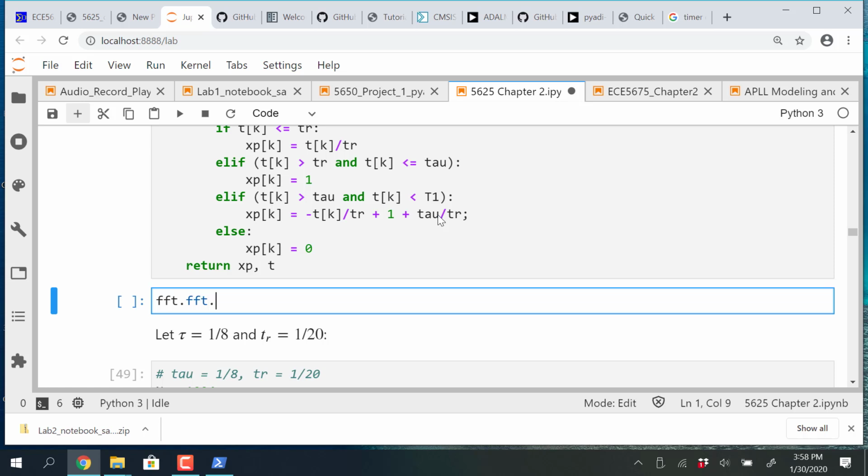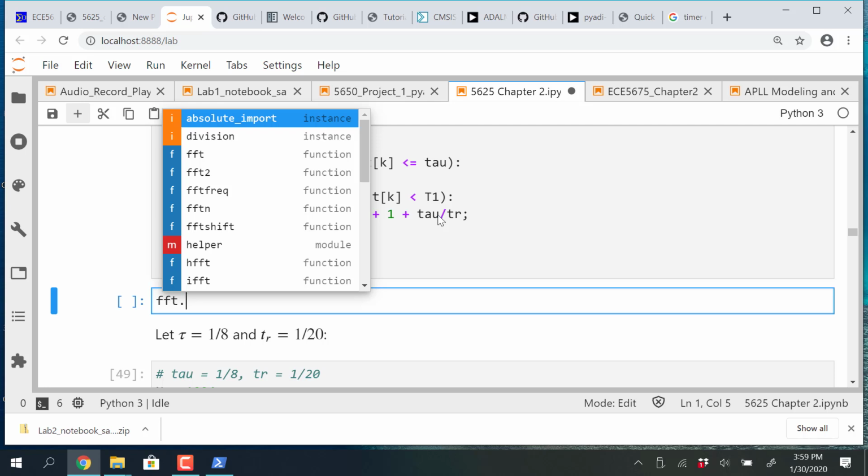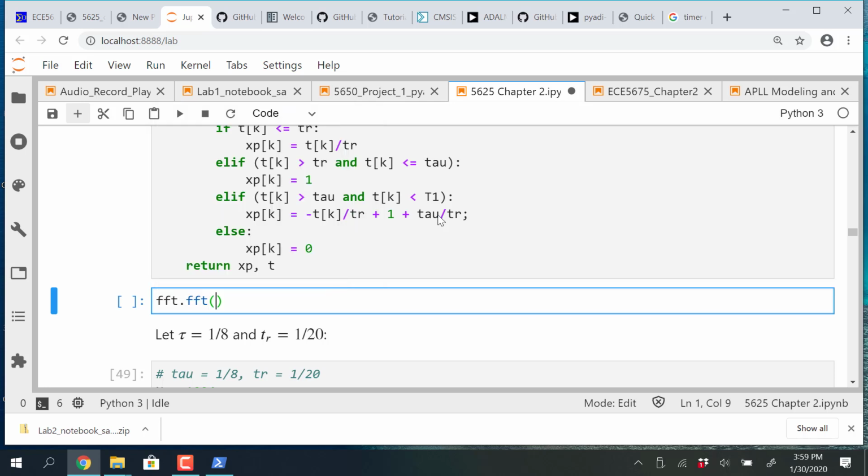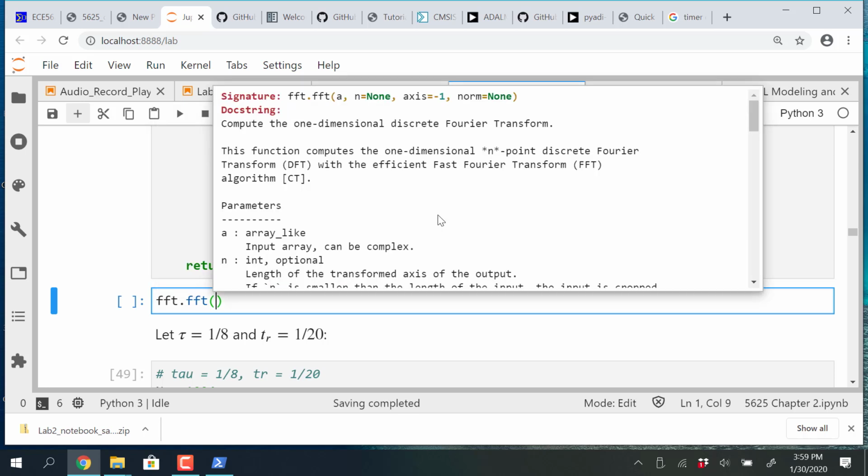Then if I type dot again and hit tab, I should get the listing of all the functions. Well, actually, I want to do it like this. So those are all the different functions that are available inside the FFT submodule of NumPy. And in particular, fft is just the forward FFT in one dimension, or at least the way we can make use of it right here.